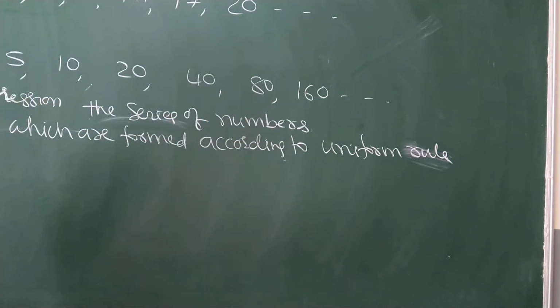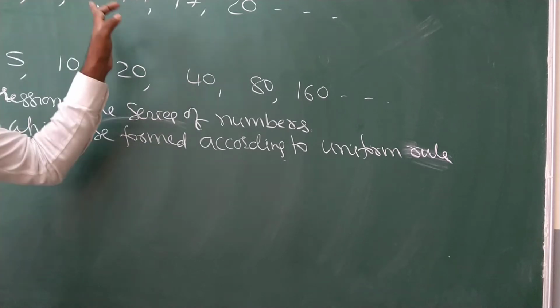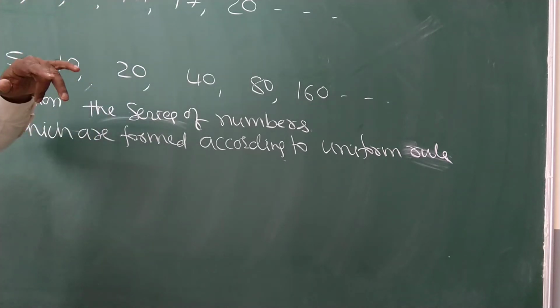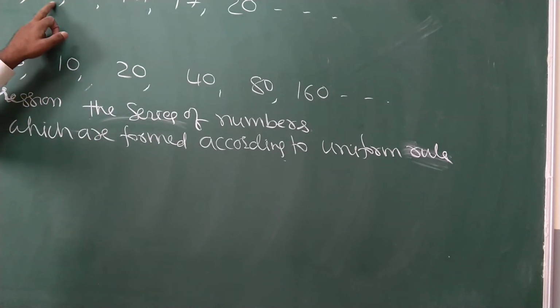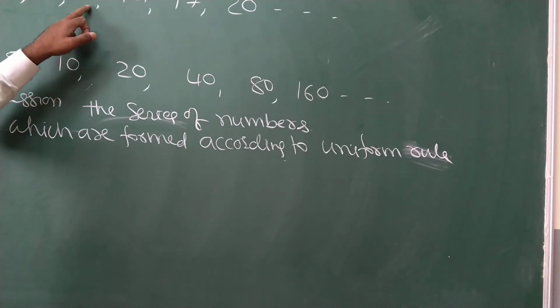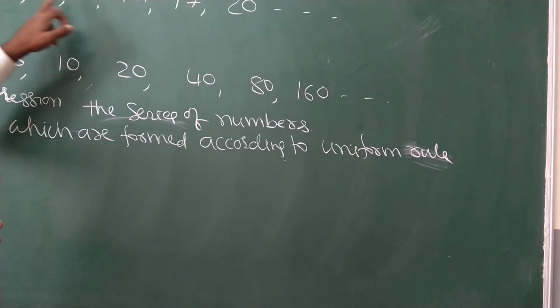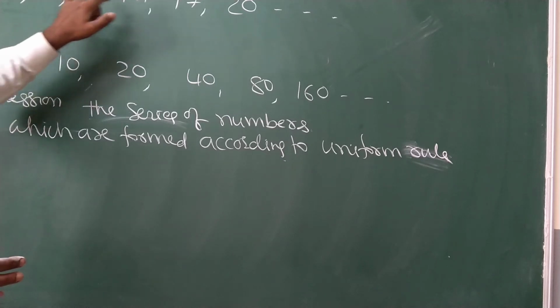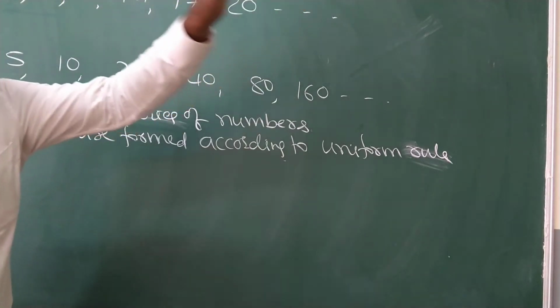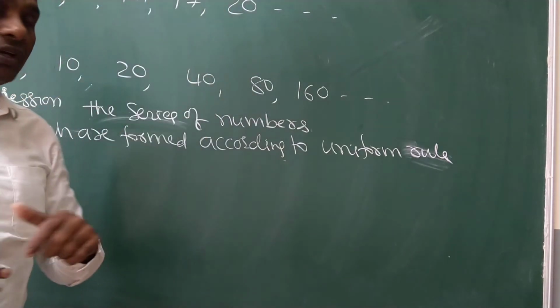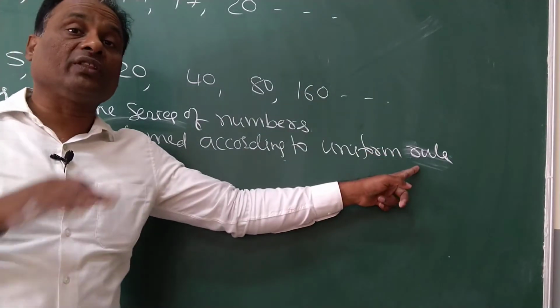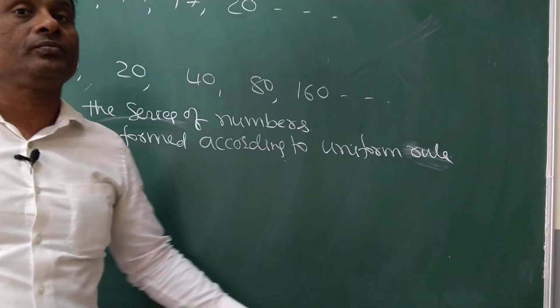A rule, any rule, they will have the same. That means number to number the rule should not change. Suppose 3 is added here, then suppose if you add 5, it is not a particular rule. So 3 added means 3, 3, 3, 3, 3. The same rule should be applicable for all the numbers. So according to uniform rule, uniform means same rule.